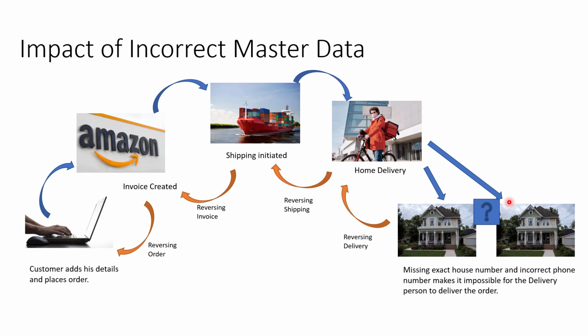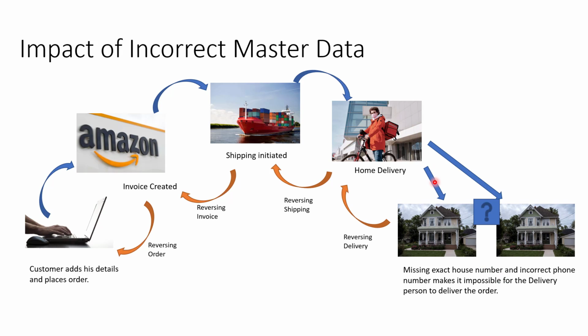There are two houses on the same street nearby each other, and the only thing that can differentiate them is the flat number, the house number, the plot number. But you have not provided your address. Now he tries to call you, but accidentally your phone number is also incorrect. So there is no way for him to reach you to identify which house it is.